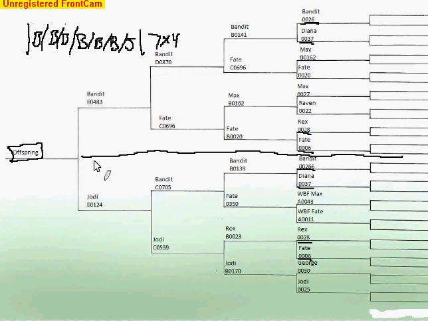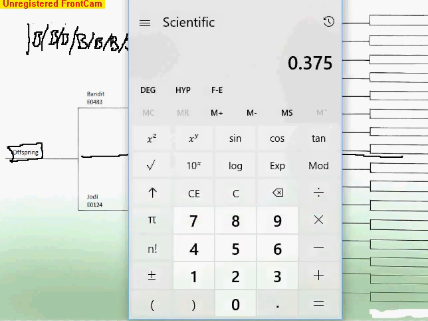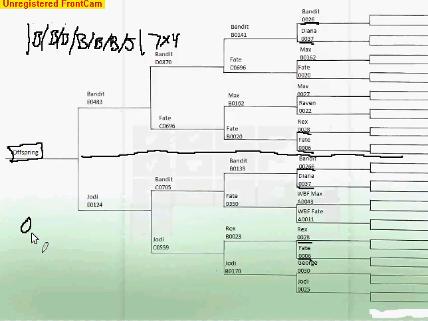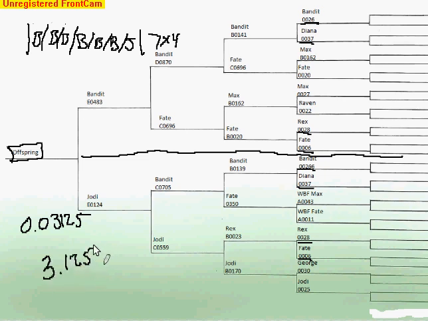So we're going to plug that into the calculator, into our equation of 0.5 to the exponent of 7, and then we multiply that by the 4 times that it happens on each side of the line, and we have 0.03125. So we turn that into a percentage, and we get 3.125% as our coefficient of inbreeding, which you can see is a lot nicer than that 37% that he had.